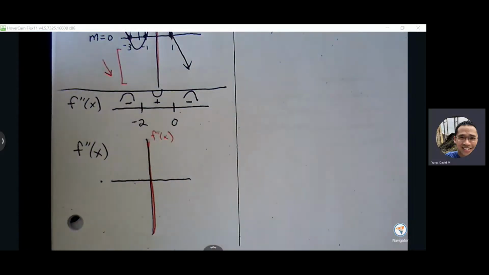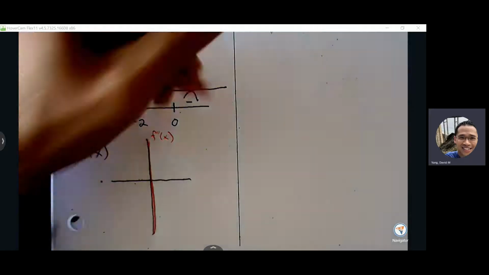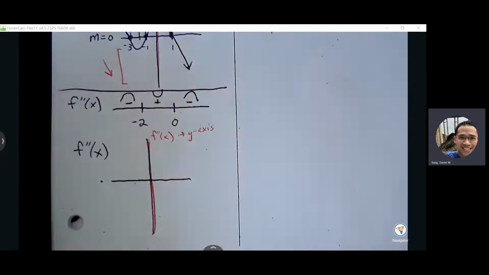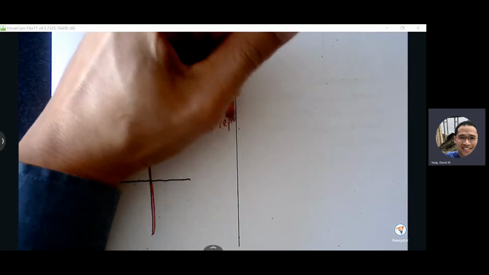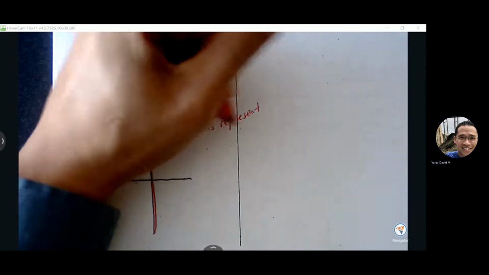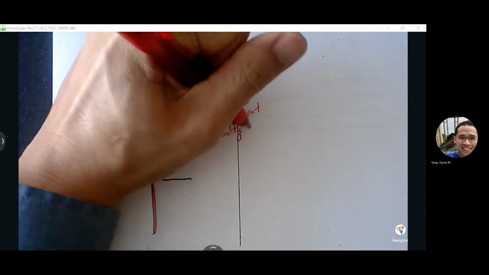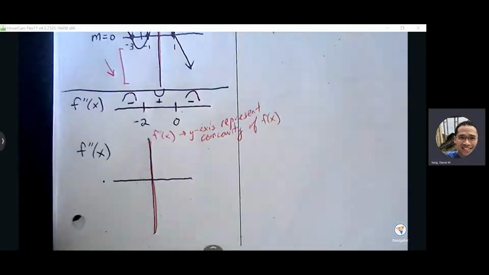Not the position, not the slope, but the... What word do we use to describe second derivative? Concavity, yeah. So the y-axis represents the concavity value of the original function.